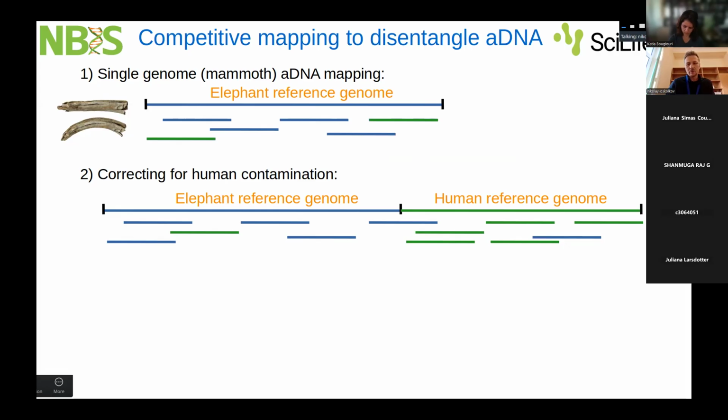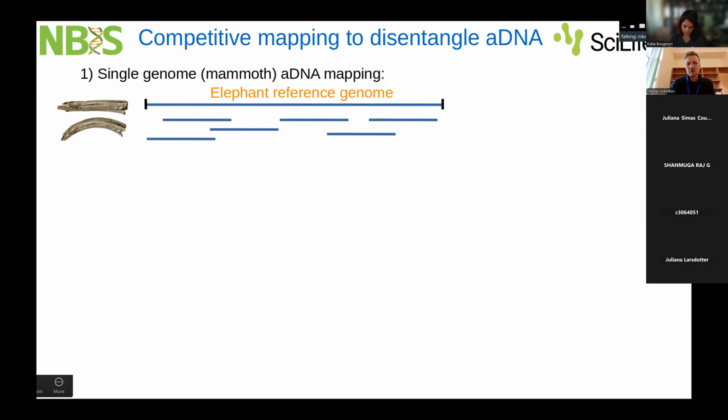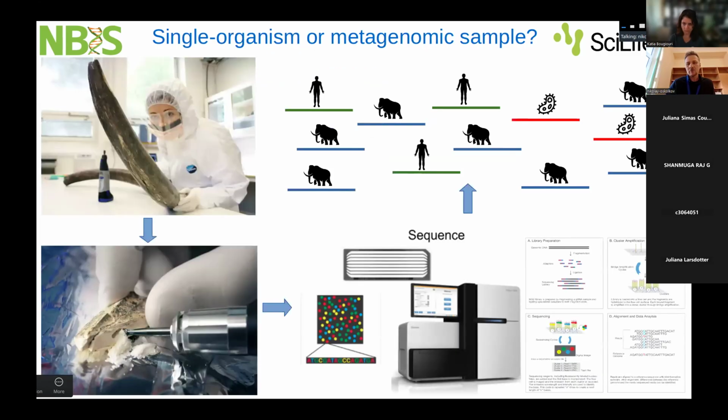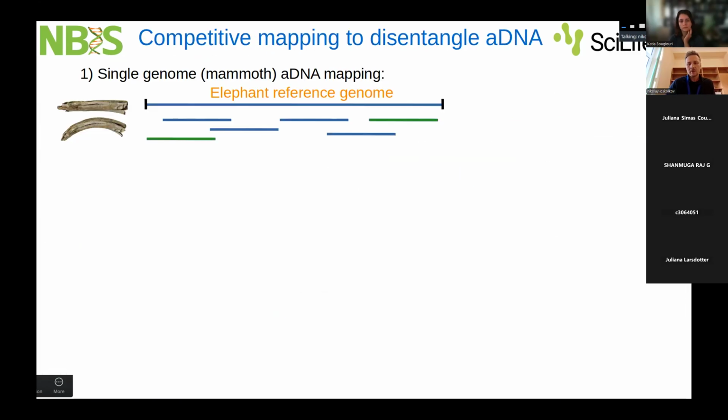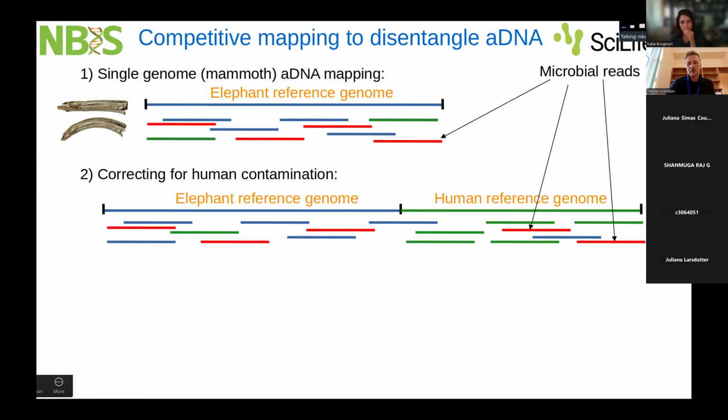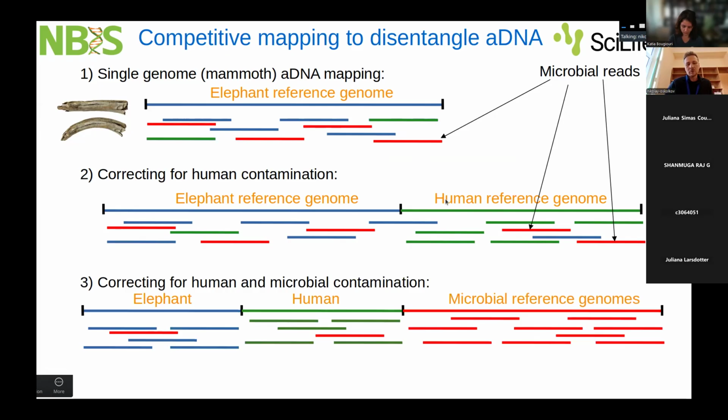However, as I suggested on the previous slide, if you want to be even more open-minded, it's quite plausible that lots of these reads are neither elephant nor human, but microbial. The way you would handle this is to concatenate your elephant reference genome with your human reference genome and with a bunch of microbial references.